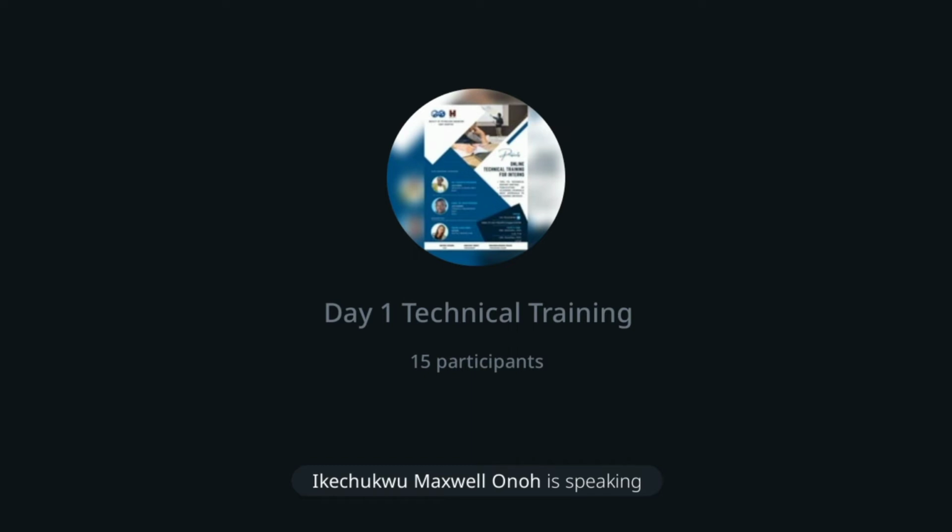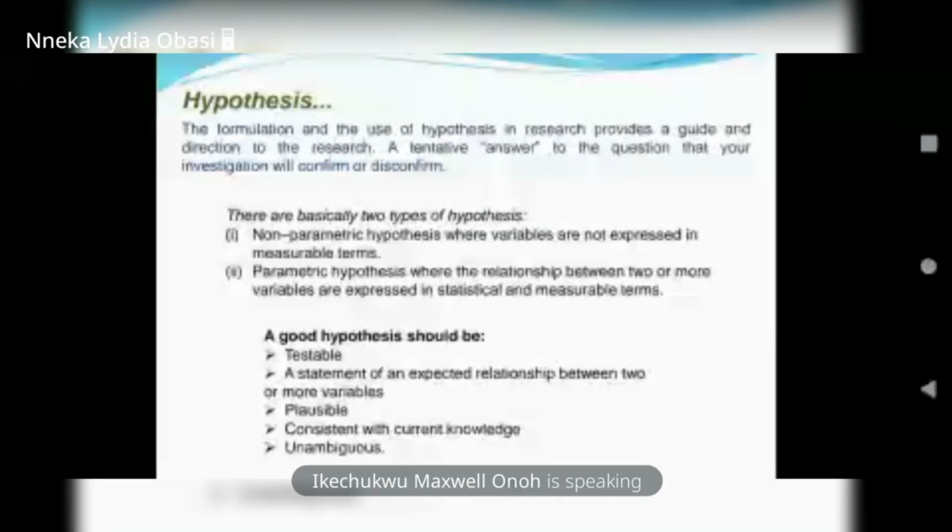Remember, one of the key things that we must understand in research is that we must not always bear in mind that our research result must go this way. There are what we call negative result and positive results. Your research can give you a negative result. And what is the effect of that?